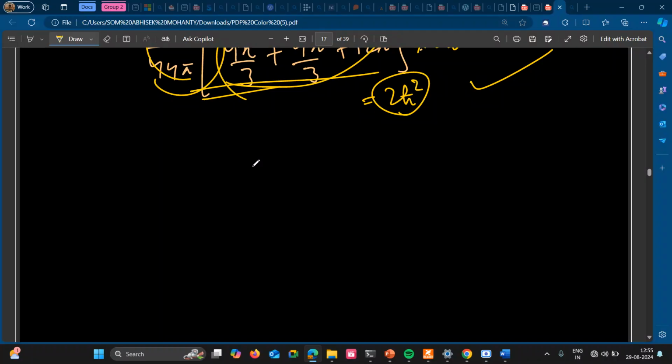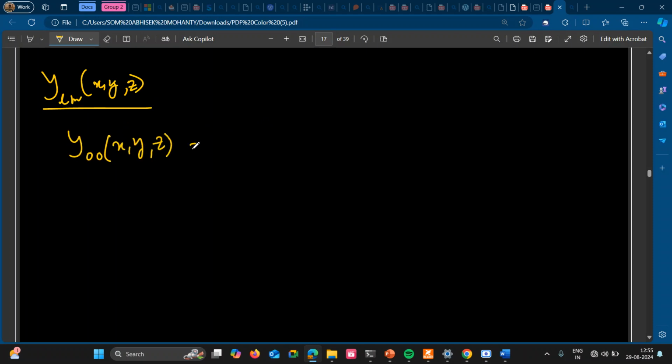Okay, let me write some spherical harmonics for your reference. You'll find it in the Jetli book, chapter 5, angular momentum. So let me write some spherical harmonics in terms of XYZ, not theta phi. So Y00 of XYZ is equal to 1 by root over 4 pi.